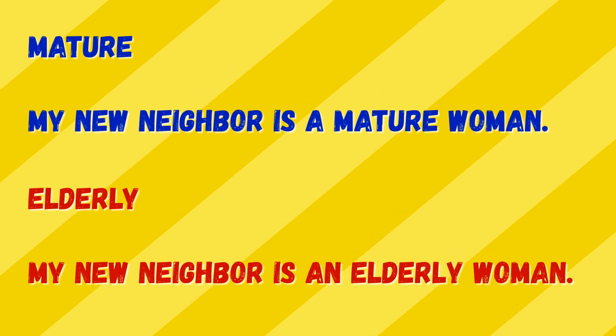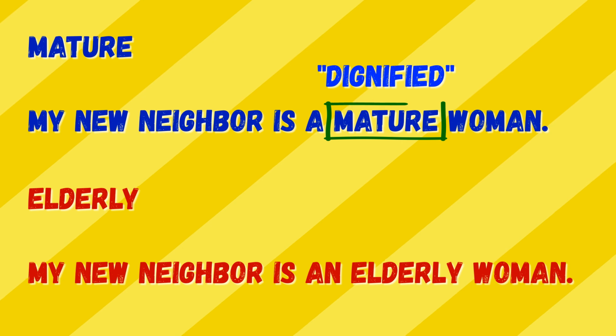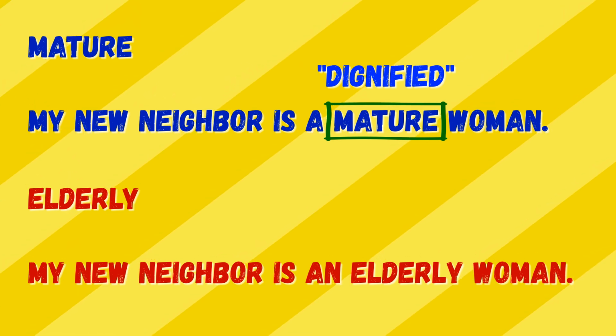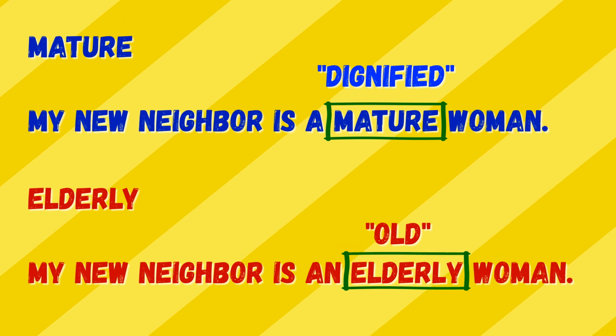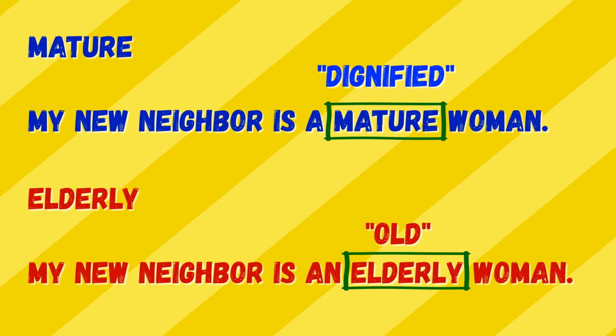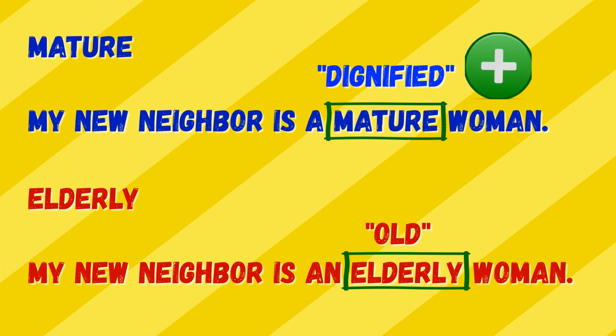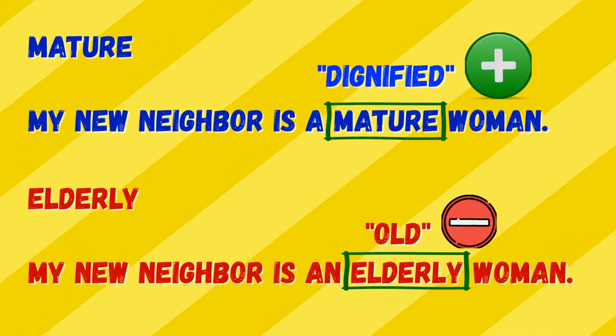As you can see, mature carries the connotation of dignified, while elderly just sounds old. Obviously, you can see right through these sentences that there is a positive in mature, and negative in old.